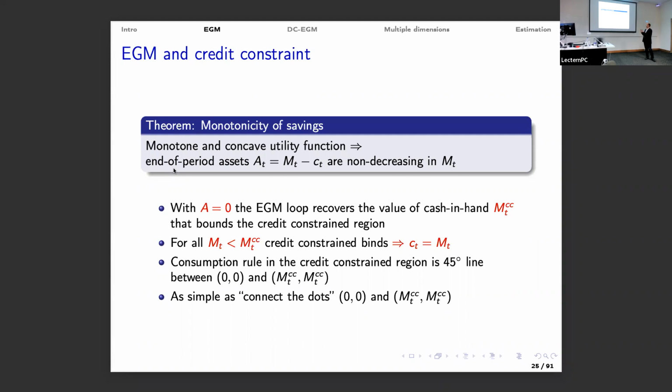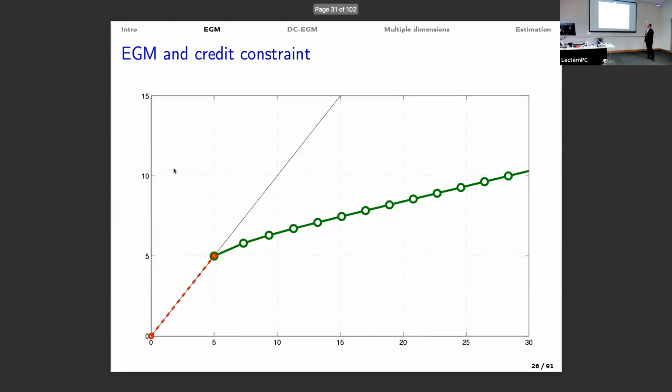Now, because you have this monotonicity, that means that if you go lower on M, the corresponding A cannot increase. But it can also not decrease because you're already at the restriction. So what ends up happening is that you recover this point of M. Wealth is on the horizontal axis here, and optimal consumption is on the vertical axis.